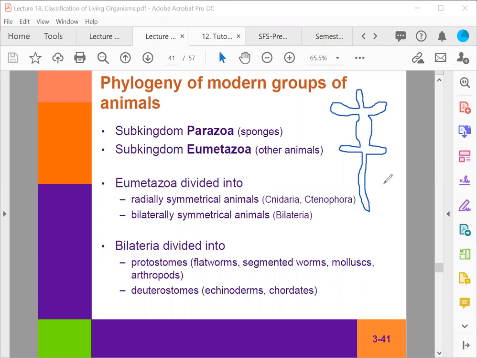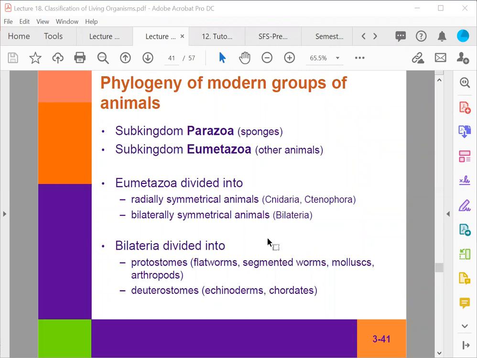That's supposed to be an animal with bilateral symmetry, and you can only divide this animal in one plane to produce two similar halves that are more or less mirror images of each other. And that's what we mean by bilateral symmetry. So I'll just clear that awful drawing.